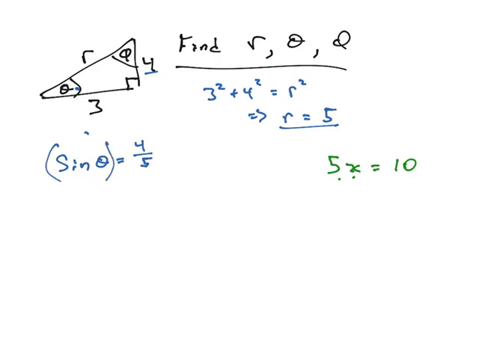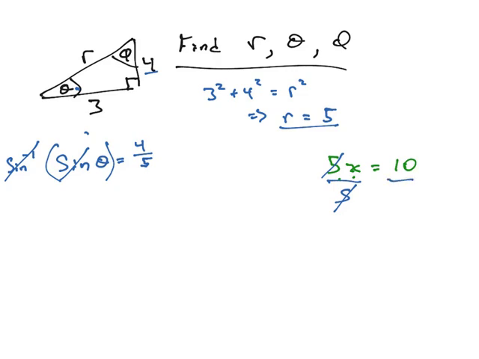So I take this term and I do the inverse sine of it. And that cancels the sine part. Just like over here, dividing by 5 got rid of the multiplying by 5 aspect. On the left, taking the inverse sine got rid of the sine itself.